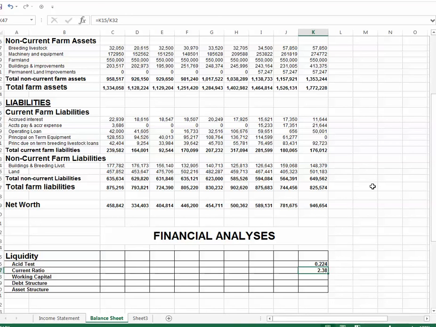So the acid test is simply a way to determine how much available cash, which includes accounts receivable, is available to the farm as a percentage of their total current liabilities. So remember, the acid test is equal to cash plus accounts receivable divided by current farm liabilities.